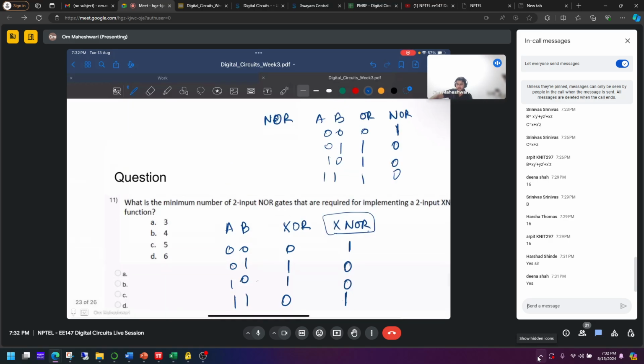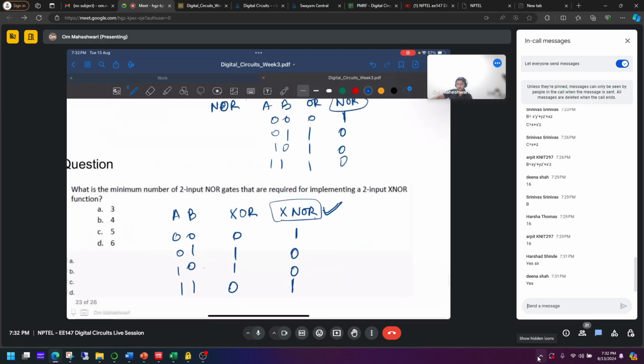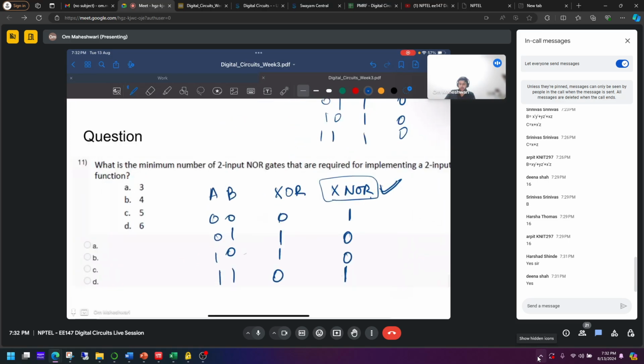Question is asking how many NOR gates do you need to form the XNOR gate. So if you know NOR and NAND are universal gates, we can make any gates out of these. So the question asks how many NOR gates do you need to make XNOR gate.